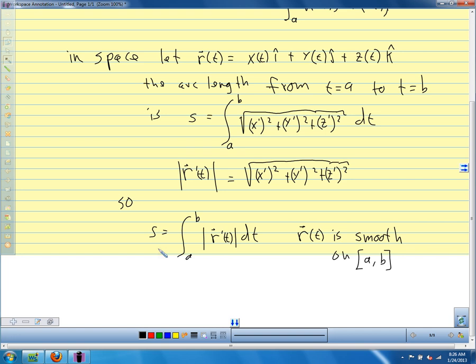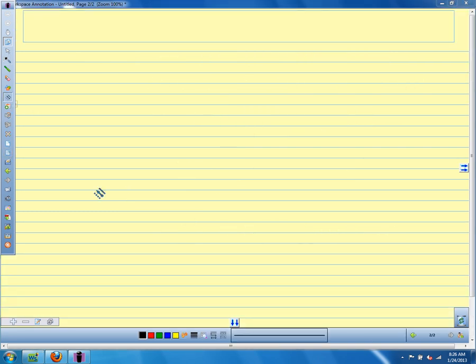So let's go through the process of working towards that. We have this expression for arc length. Let's look at a curve in space. I'm going to sketch a curve in space here, and we're going to talk a little bit about the arc length. So here are my axes, and we have some curve here.